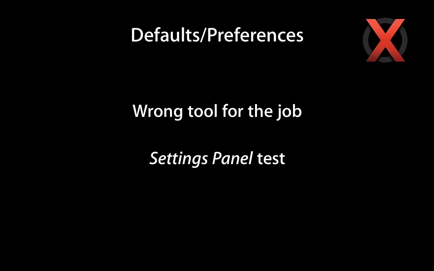Well, when is it the right tool? Look at the settings panel test. If you've got a piece of data in your program that you think the best place to expose is in settings, like an advanced on-off feature that might be on or off, then user defaults and preferences is probably the right place for it.